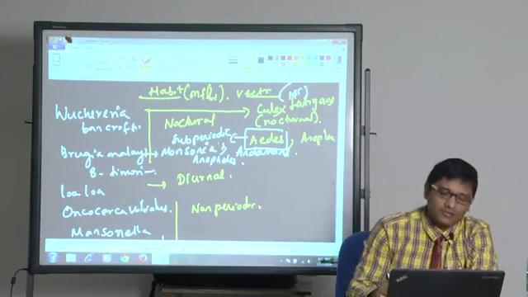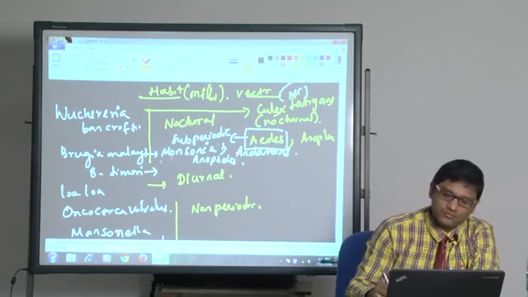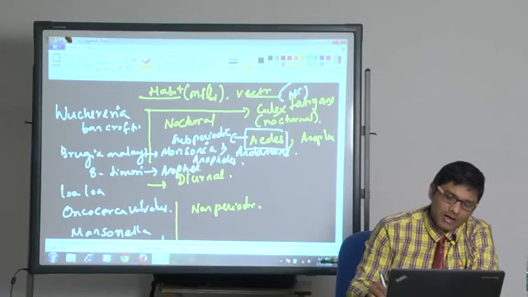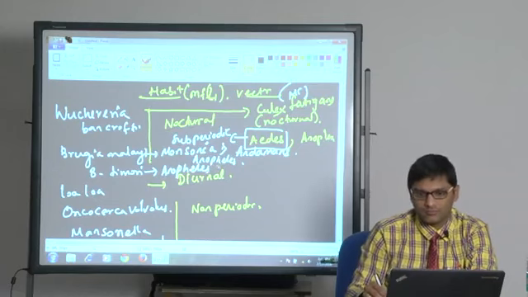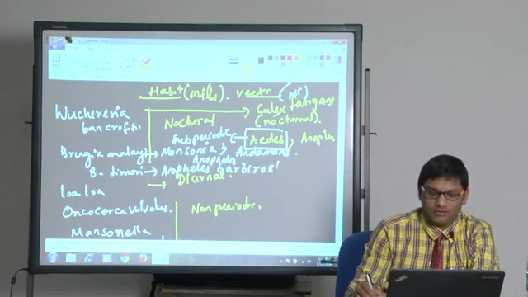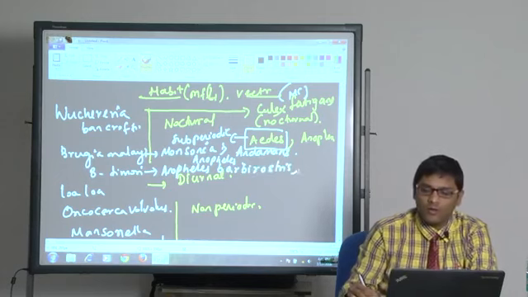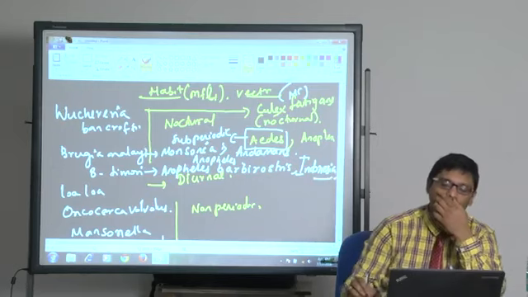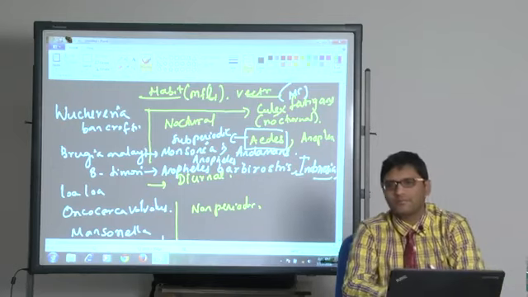Brugia timori is transmitted by a species of Anopheles called Anopheles barbirostris, and timori is endemic only in Timor island of Indonesia. Only in that particular island this is seen.